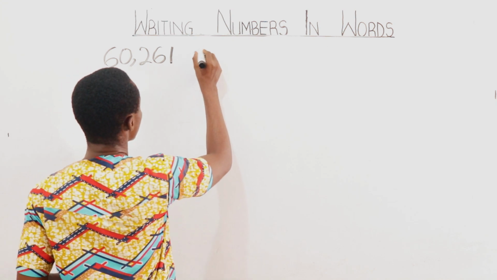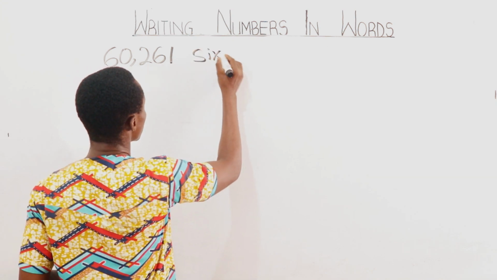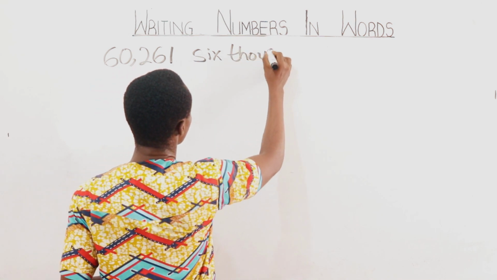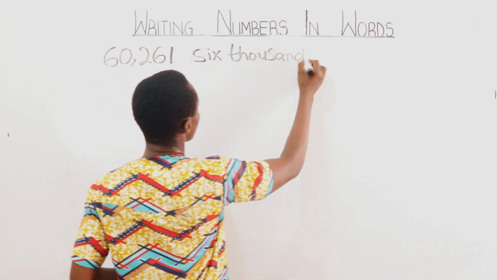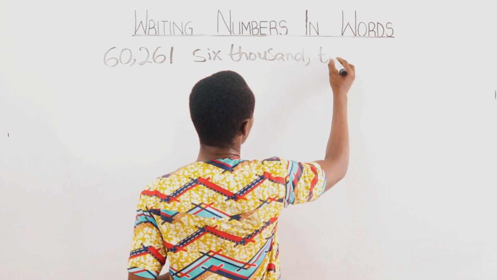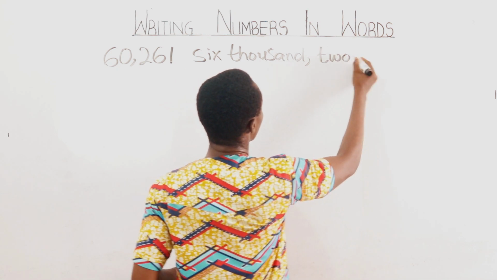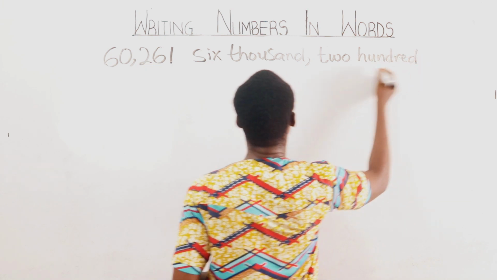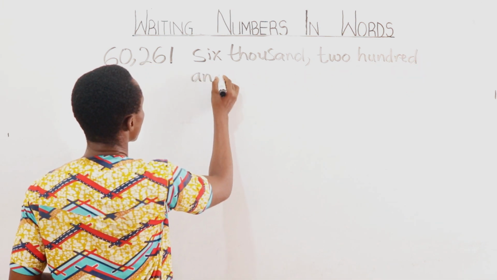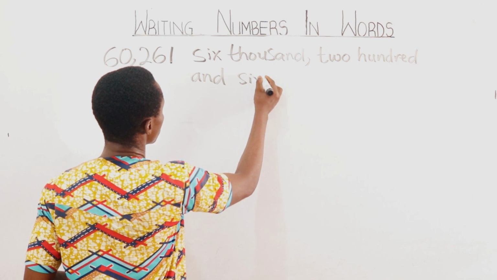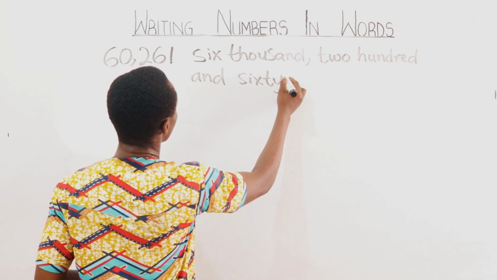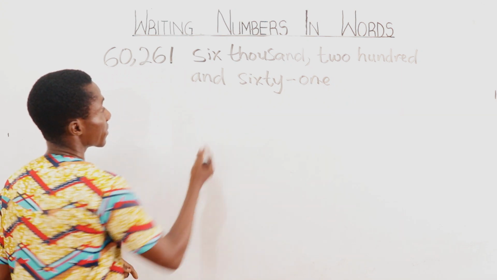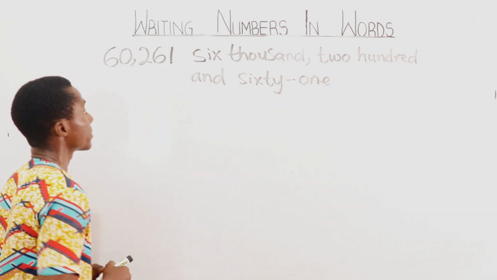So we have 60,000, 200 and 61. So 61 is a compound number.